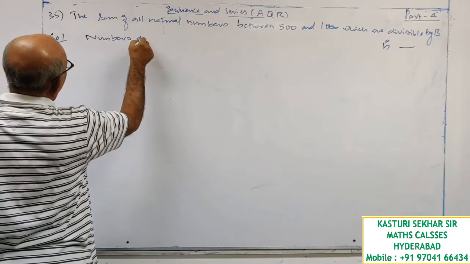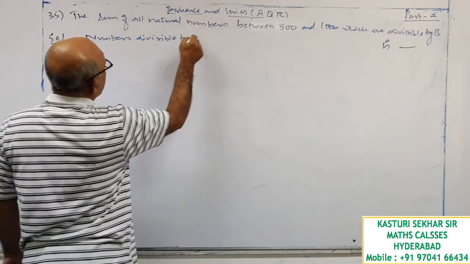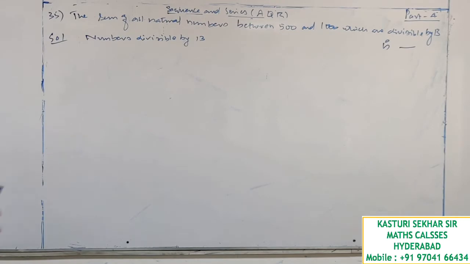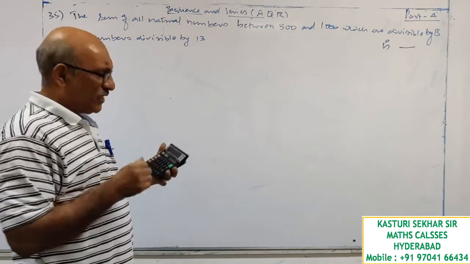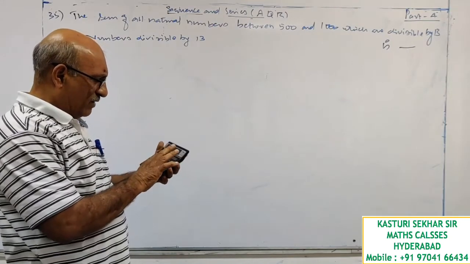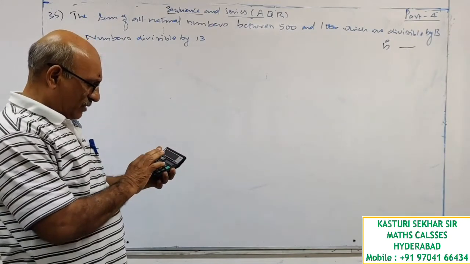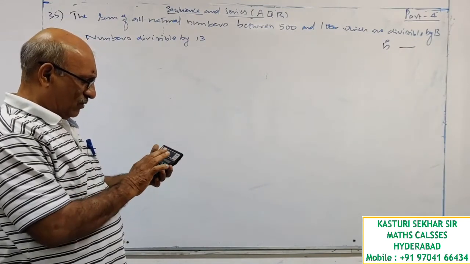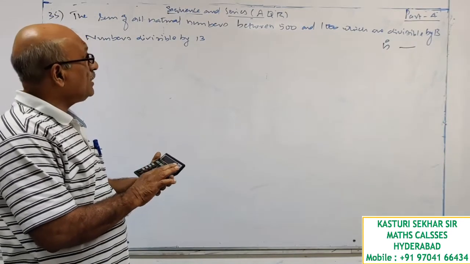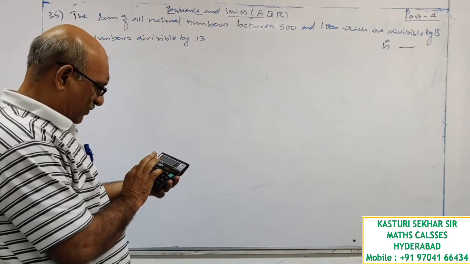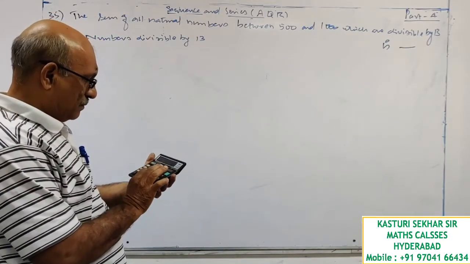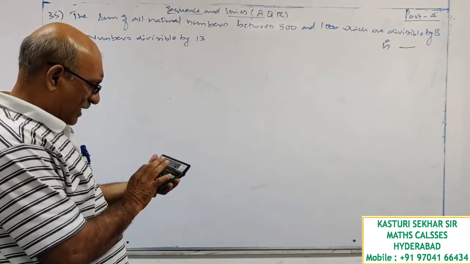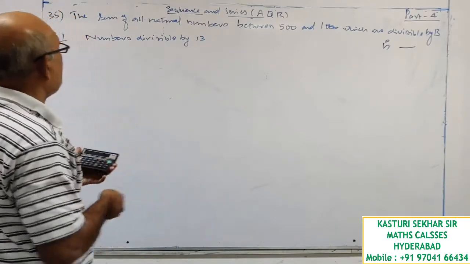Let's see, sir. 500 I have to exclude because it is between. 501 divided by 13 is not divisible. 503 divided by 13 it is not divisible. 504 divided by 13 not divisible. 507 divided by 13 divisible.